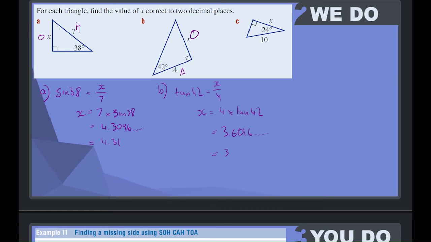And again, to 2 decimal places, 3.60. There you go. Last one, we've got adjacent, we've got hypotenuse, we're going for cos here. And look at that, again the x is on top of the fraction, so we're just going to times by the 10.